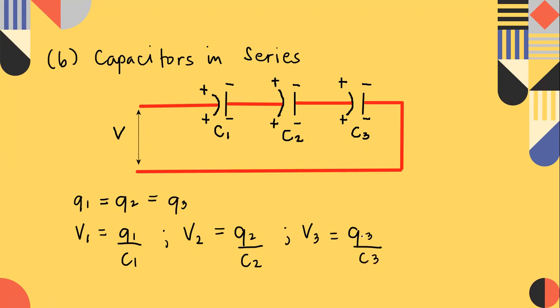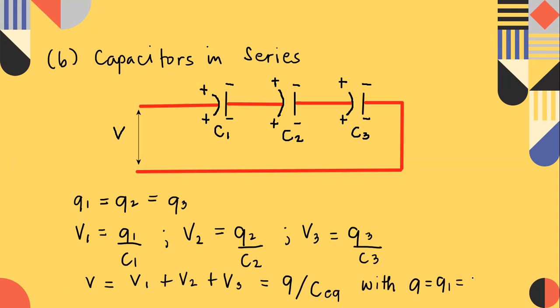Now, the voltage across the equivalent capacitor, we have V is equal to V1 plus V2 plus V3, which is equal now to charge over the equivalent capacitance. Now, with Q is equal to Q1 equal to Q2, which is also equal to Q3.